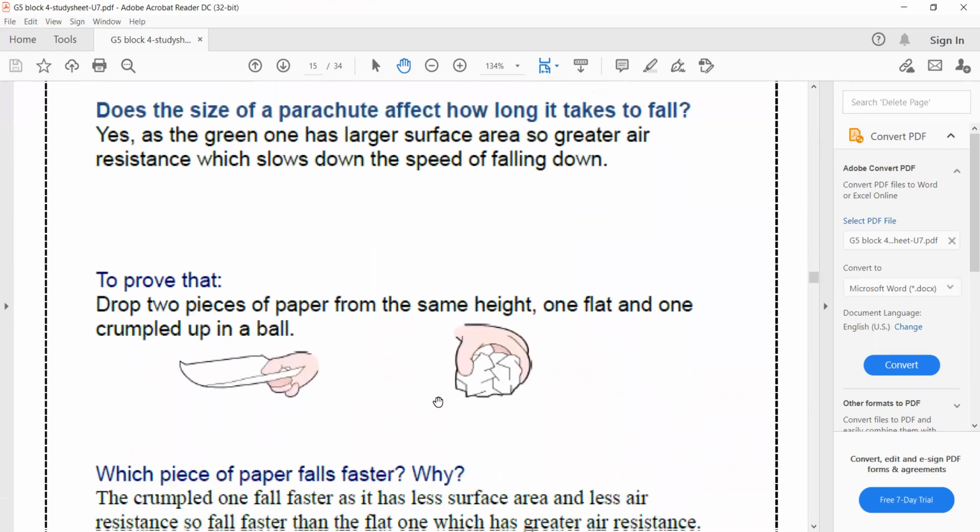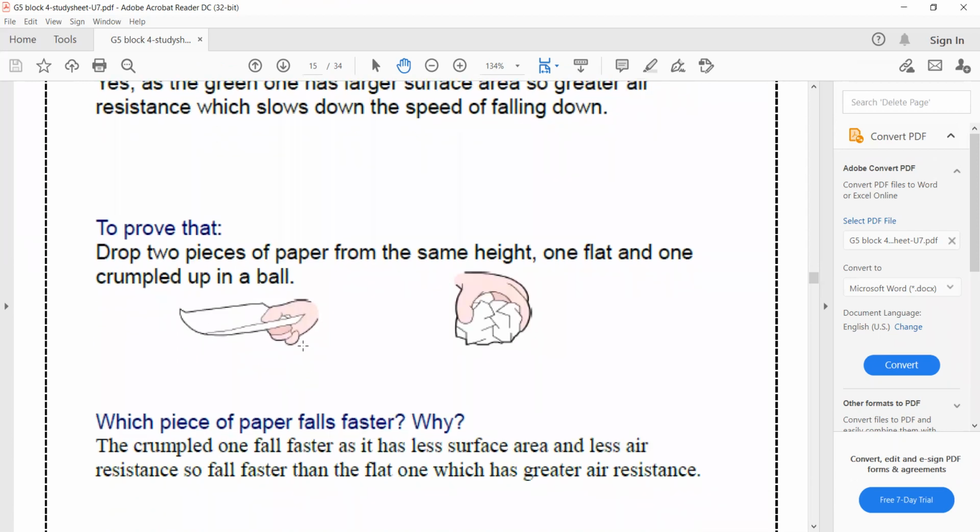To prove that, you can do this activity. Drop two pieces of paper of the same weight. The first one is flat paper. The second one is crumpled, squeezed up in a ball.